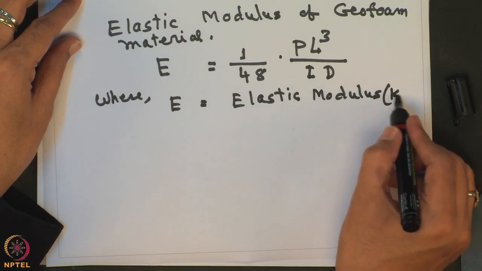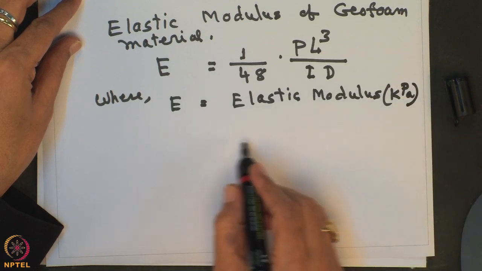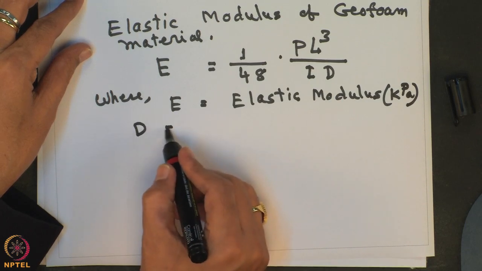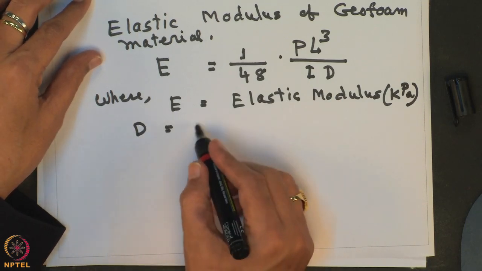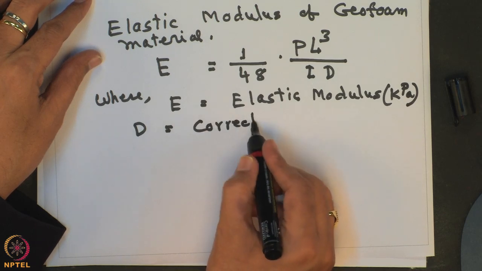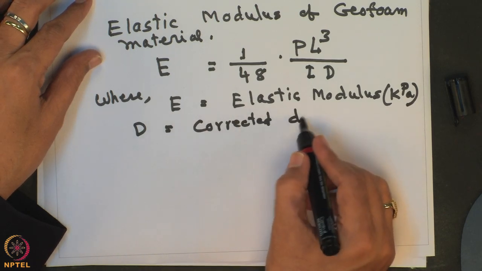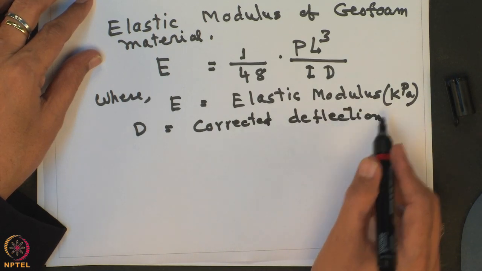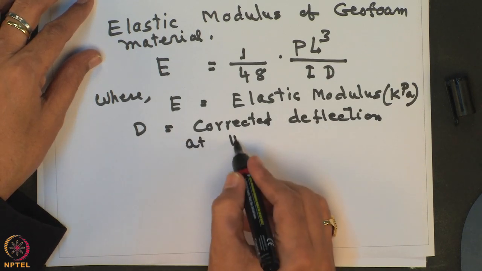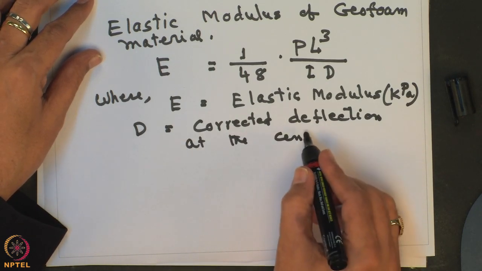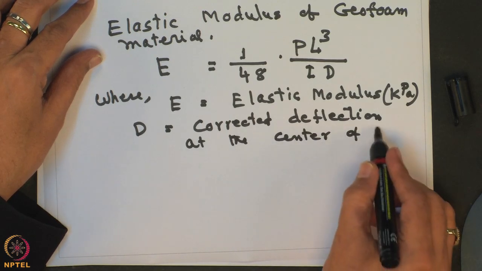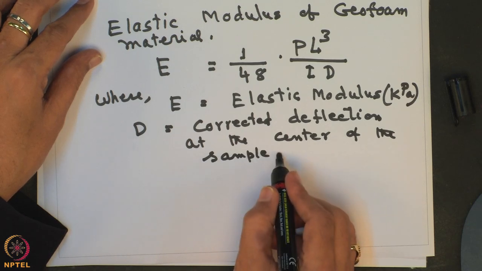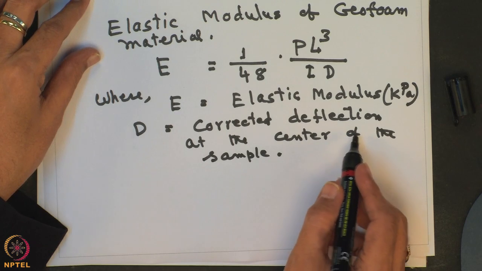and this is in kilopascal, and D is corrected deflection at the center of the sample.